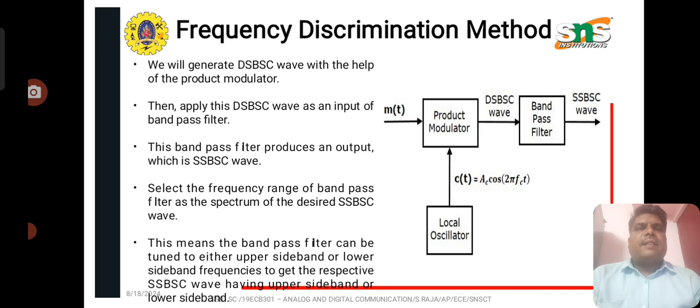Select the frequency range of the bandpass filter as the spectrum of the desired single sideband suppressed carrier wave. This means the bandpass filter can be tuned to either upper sideband or lower sideband frequencies to get the respective SSBSC wave having upper sideband or lower sideband.